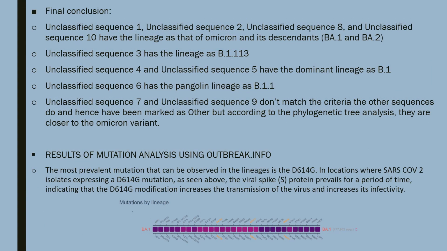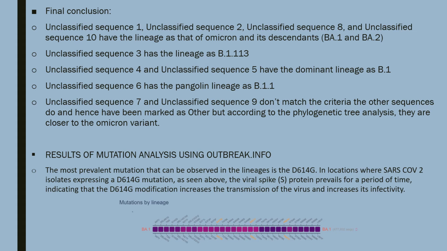Final conclusions that can be drawn are unclassified sequence 1, 2, 8, and 10 have the lineage as that of Omicron and its descendants BA.1 and BA.2. Unclassified sequence 3 has the lineage as B.1.113. Unclassified sequence 4 and unclassified sequence 5 have the dominant lineages as B.1.